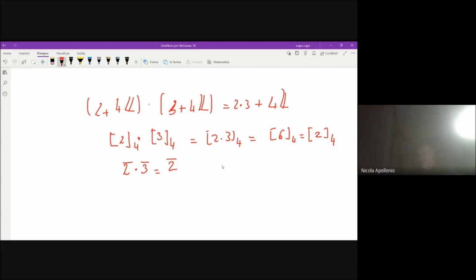The same is true for the sum, by the same reason, again, much easier, but the same reason which we gave for the product.